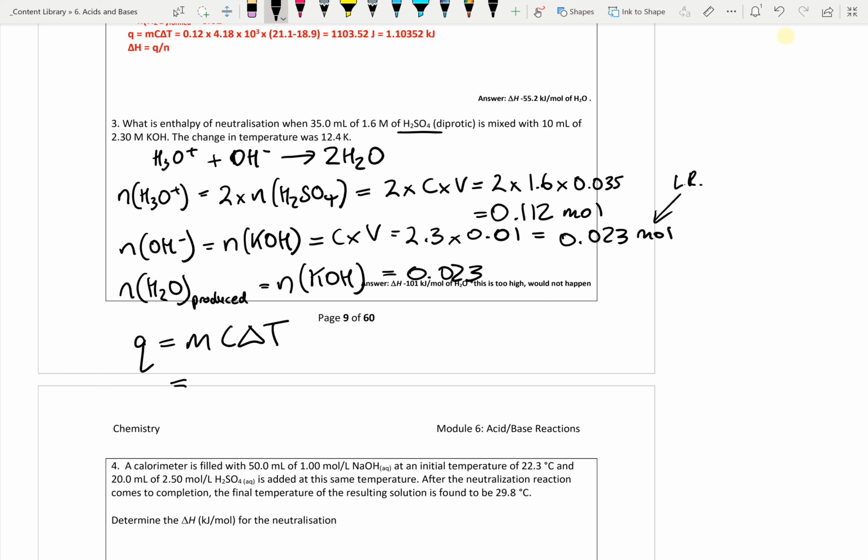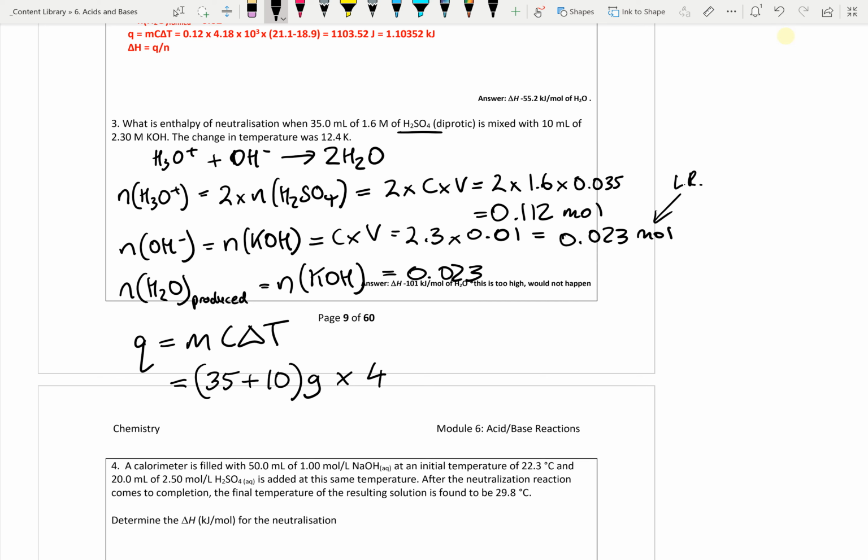So my mass in this one, even though we don't get given their densities, we're assuming that even though we've mixed in some acid, which would change its density, we're going to assume the density of water. So if we see 35 mL, we're going to change it to 35 grams plus 10 grams from this, so that we've got a 45 gram solution.